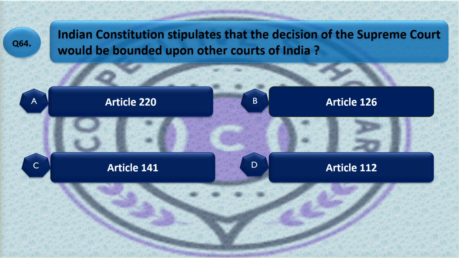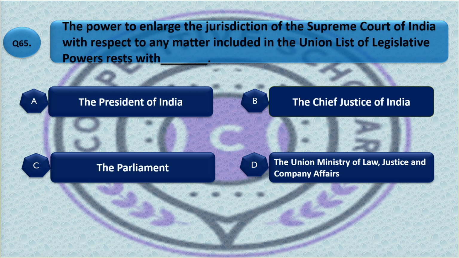Indian Constitution stipulates that the decision of the Supreme Court would be binding upon other courts of India under which article? Option A, Article 220. Option B, Article 126. Option C, Article 141. Option D, Article 112. So the answer is option C.